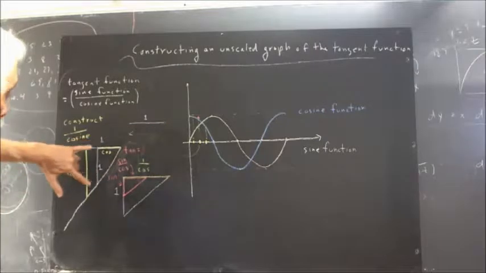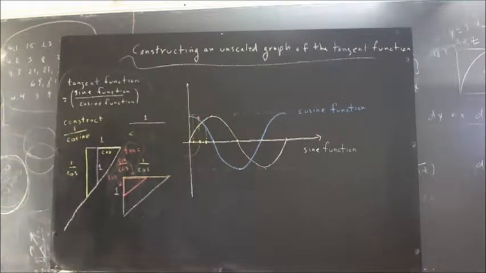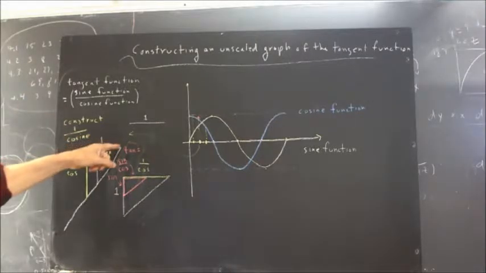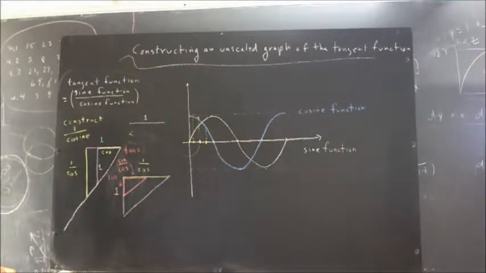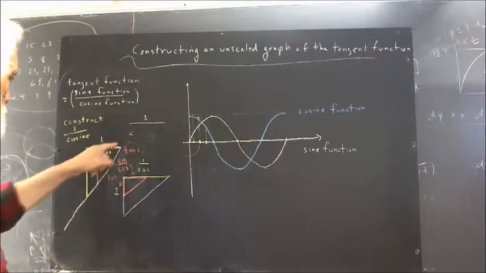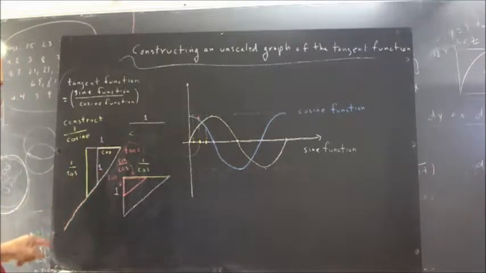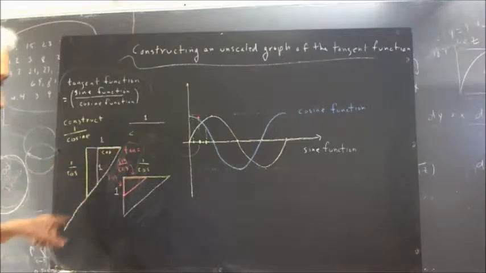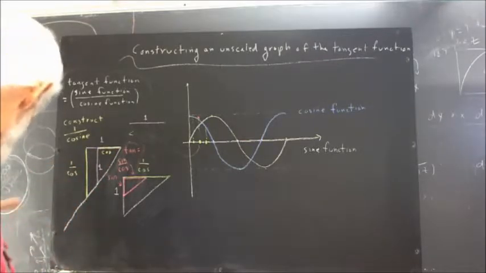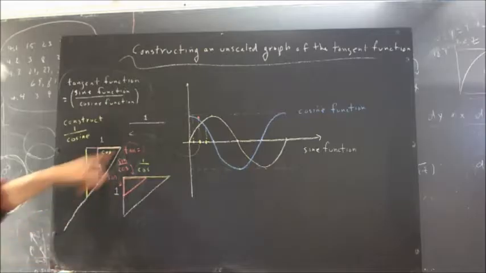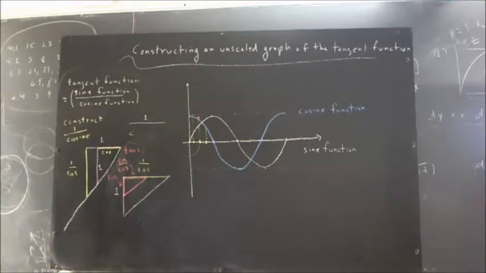Take this unit segment, construct it here at a right angle. Then we anticipate what's going to happen, and we not only draw the hypotenuse, we extend it so that everything is nice and straight. And I didn't really succeed in the nice and straight part. But if you use a straight edge, it's a good idea to just go ahead and extend this if you see that you're going to have to do so.